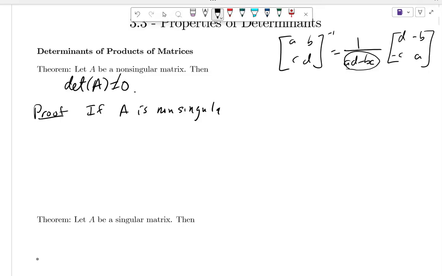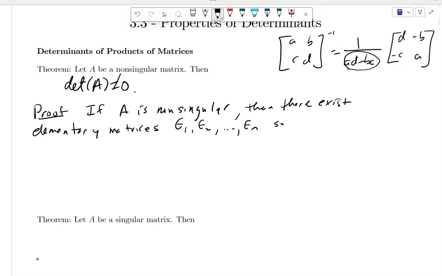All right, so if A is non-singular, we know we can row reduce it to the identity. What can we use to multiply to accomplish row operations? Elementary matrices, right? So let's call them E1, E2 out to En, so that if I take E1, E2 all the way to En and multiply by A, we get the identity.